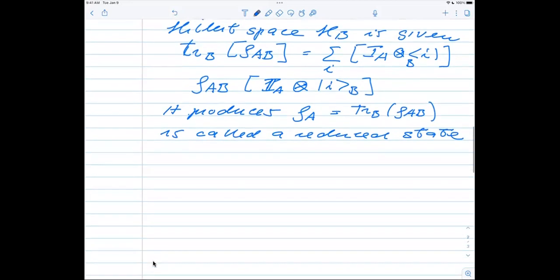Or what's normally called a marginal of system A. You may remember from courses in statistics the definition of a marginal probability.